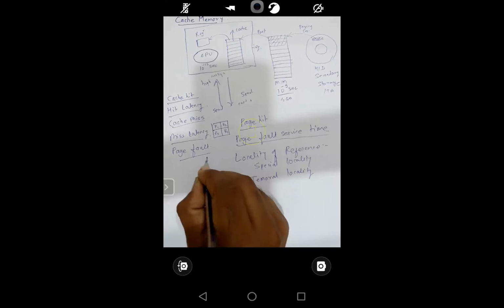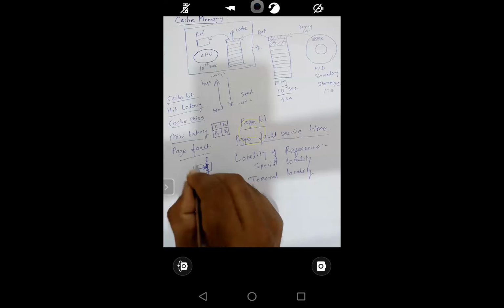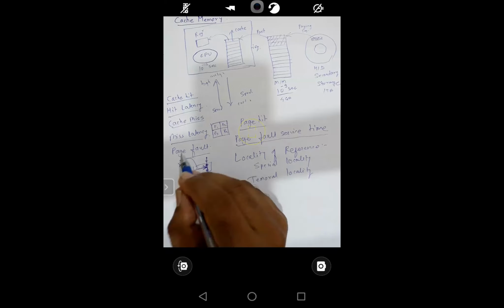If the processor wants this particular element, then because of spatial locality, the elements in close proximity to it, this one as well as this one, are also needed. So we will copy all these three elements into the main memory. That is spatial locality. The nearby elements are also copied into the main memory.